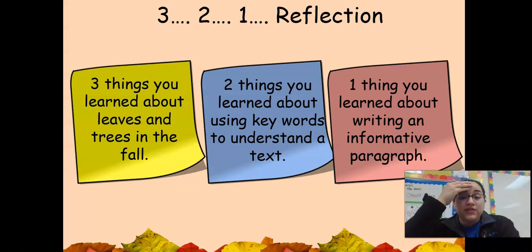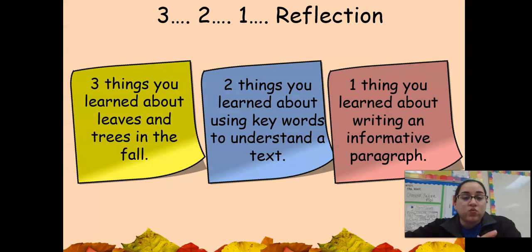Then you're going to think of 2 things you learned about using keywords to understand a text. Keywords are the key terms that we use: the chlorophyll, the leaves, the pigments, change, all of those. By using those words, how did you understand the text better? And now you're going to think of 1 thing you learned about writing an informative paragraph.